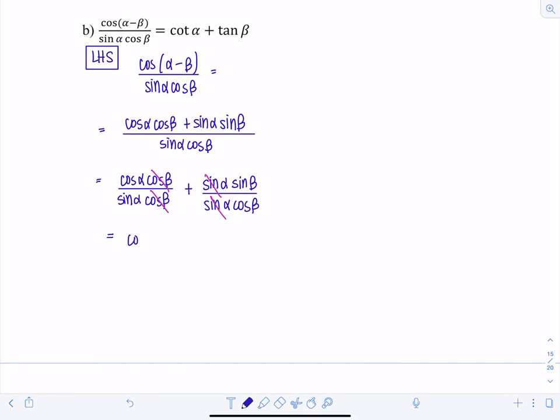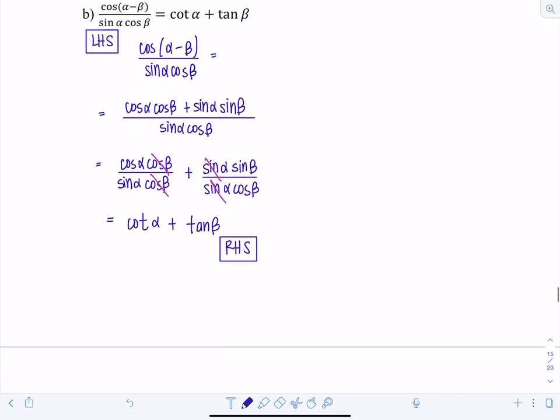And this is going to be cotangent alpha plus tangent beta. And we're done. This was pretty much an identical process to the previous example. All right, so there's going to be more identities in the homework assignment, but they're a little bit more straightforward than the ones in the previous section, so I think you should enjoy them.